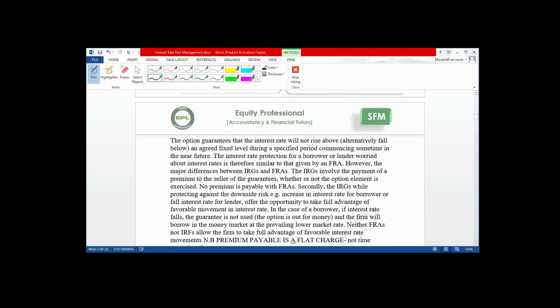Secondly, interest rate guarantees can be used to protect against downside risk. For example, if interest rates rise, you can apply your guarantee.